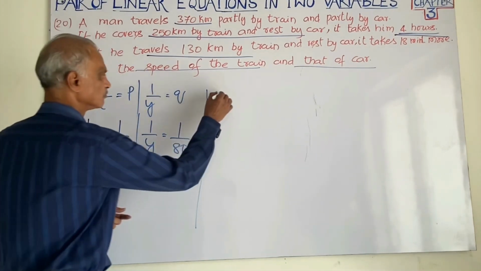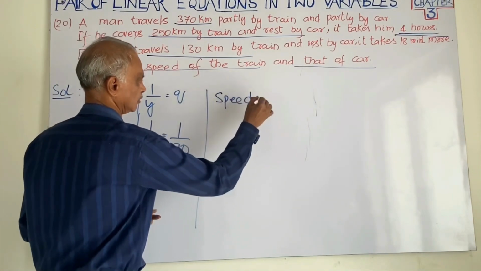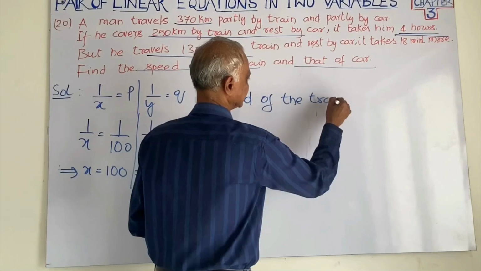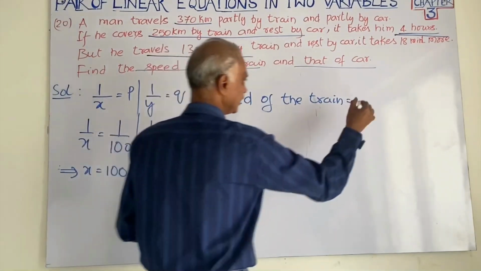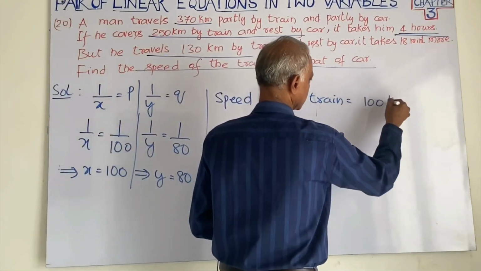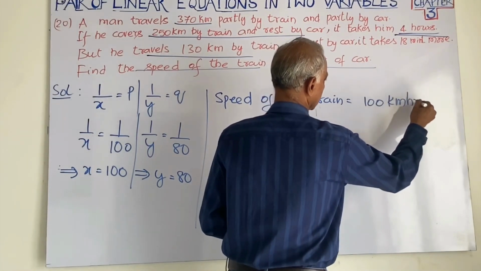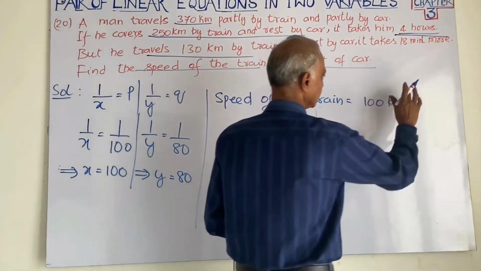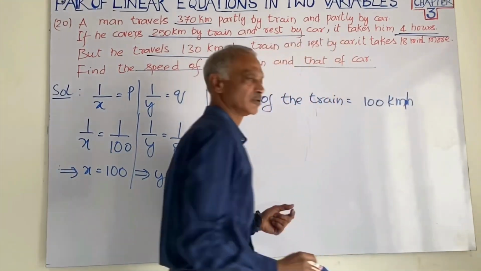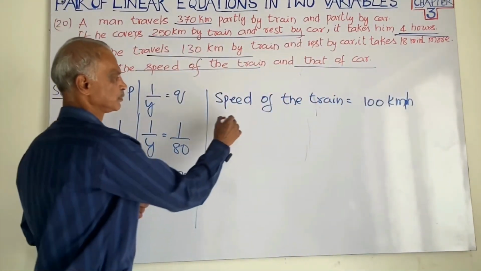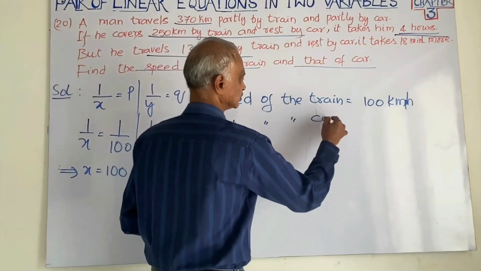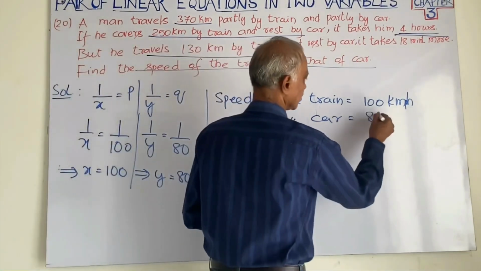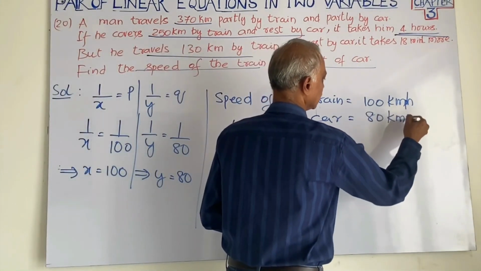The speed of the train is 100 kmph, 100 kilometers per hour. Now what is the speed of the car if he travels individually? 80 kmph, 80 kilometers per hour.